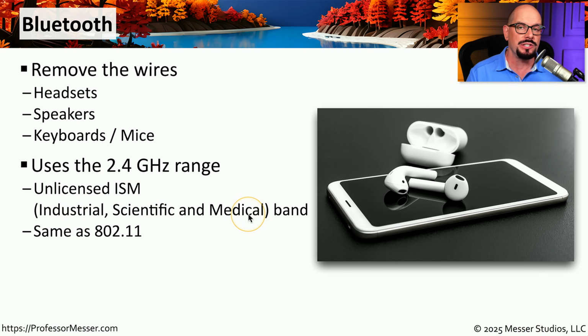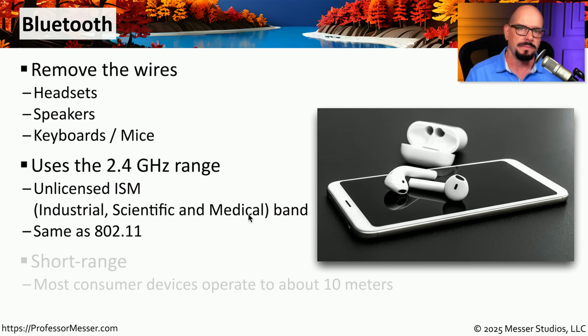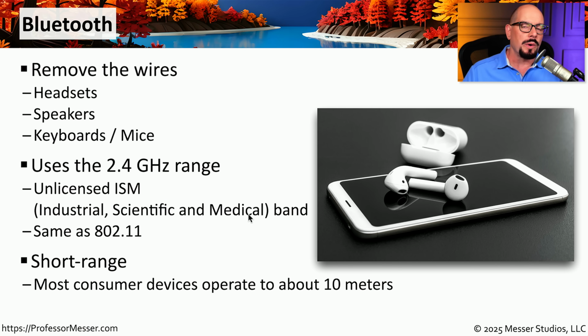These are frequencies that don't require any specialized licenses to be able to use them, which is why we can simply turn on our computers and be able to connect to other devices using 802.11 or Bluetooth. With 802.11, we can move around a building and still have access to the network, but Bluetooth ranges are a bit more confined. This is why we often will see these being used with devices that are personally connected to us. If you're using consumer devices with Bluetooth, they have a maximum range of about 10 meters.